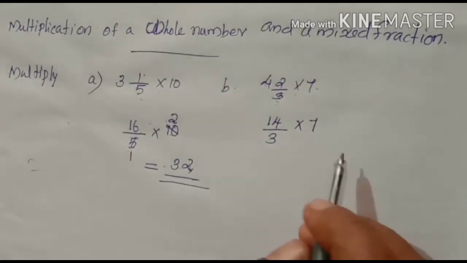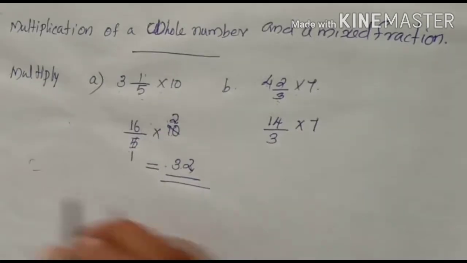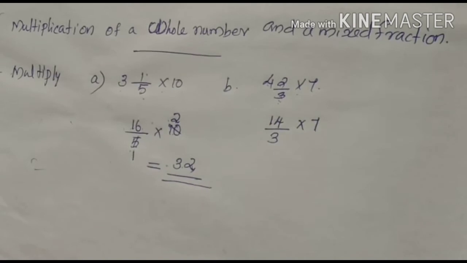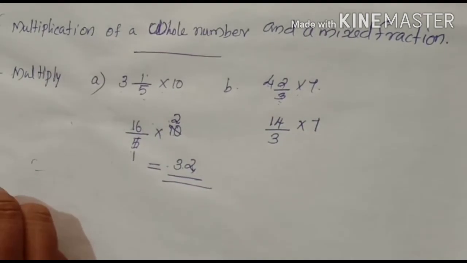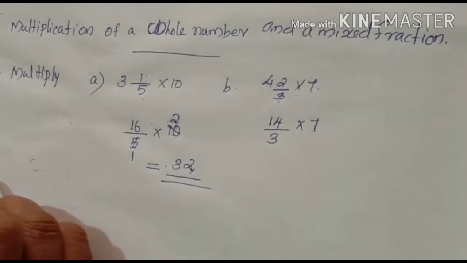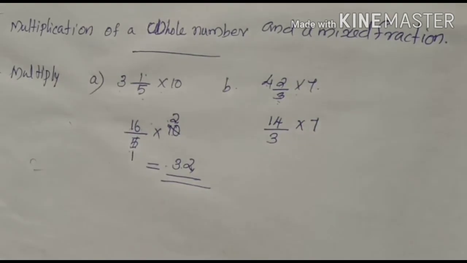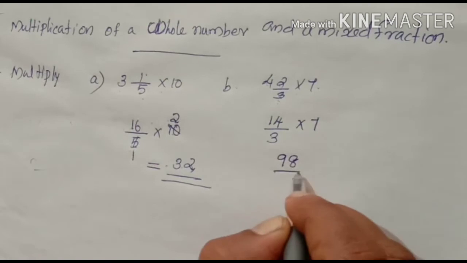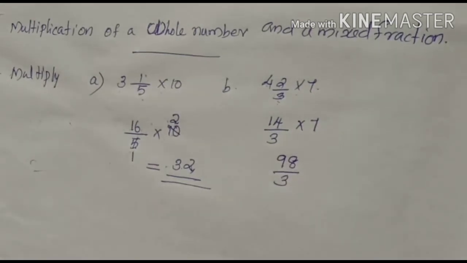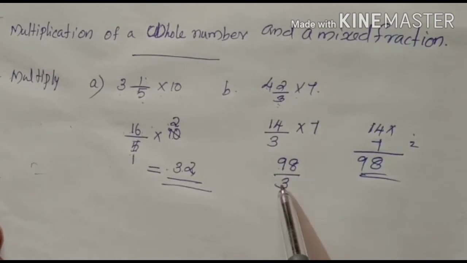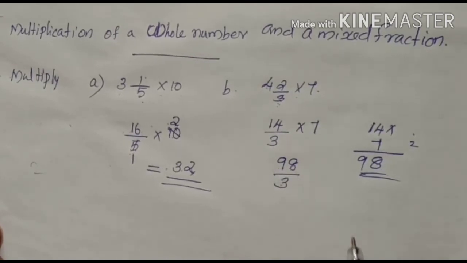Then 14 into 7 equals 7 4s are 28. 2 carry over. 1 7 is 7. 7 plus 2, 9. 98 by 3. 98 by 3 is an improper fraction.